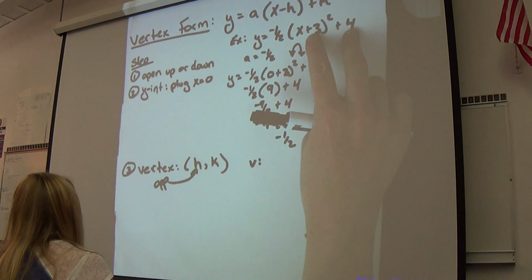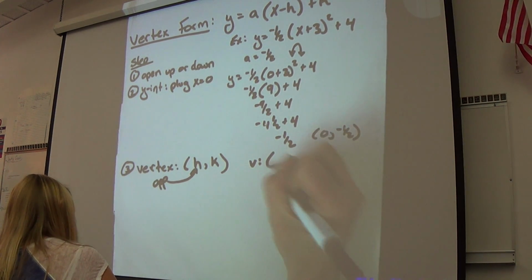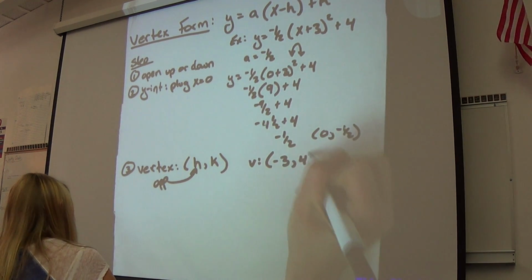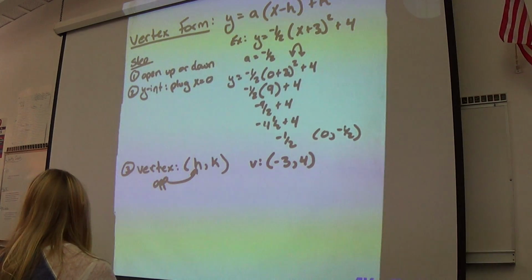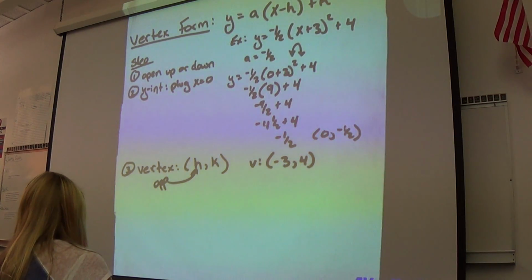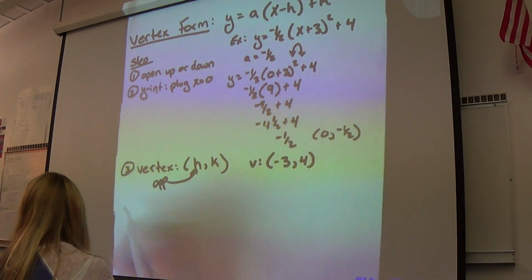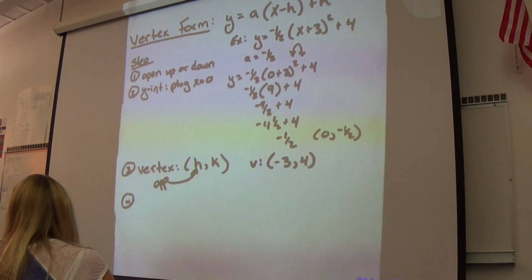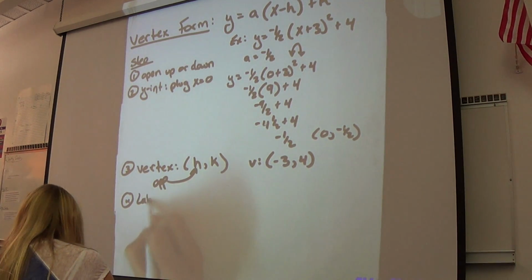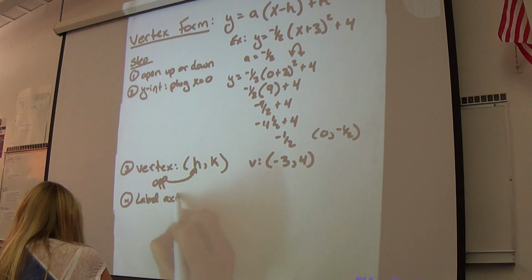Change the sign of the 3 only, and I get a vertex at -3, 4. Step 4 is to label the axis of symmetry.